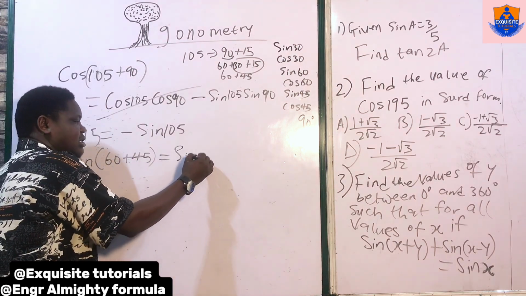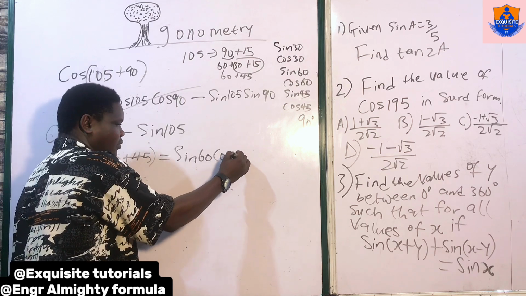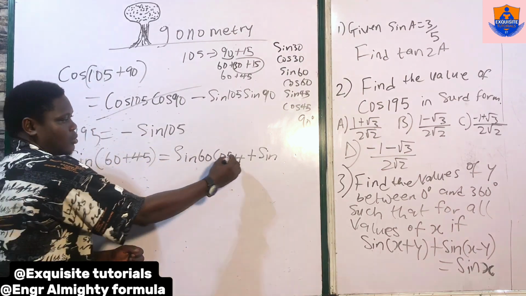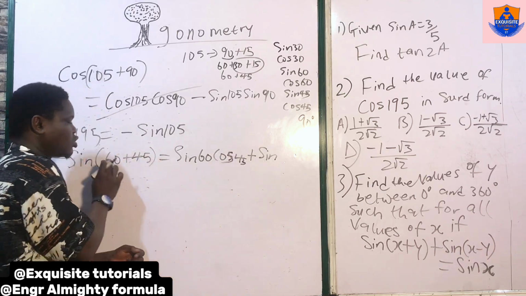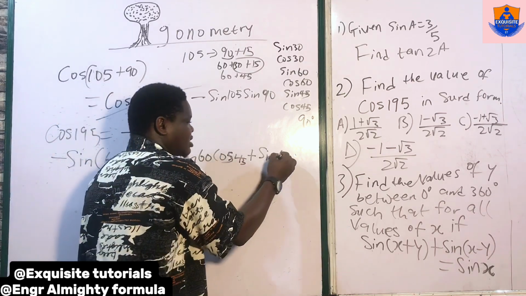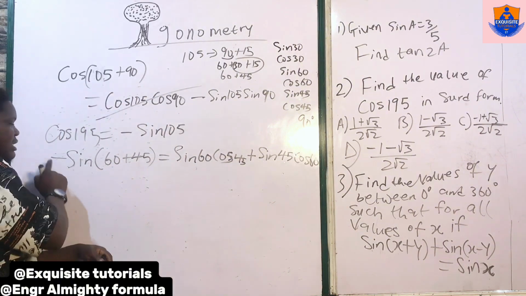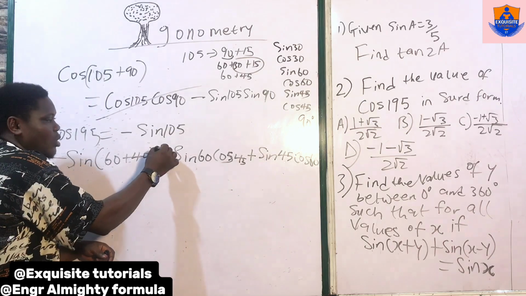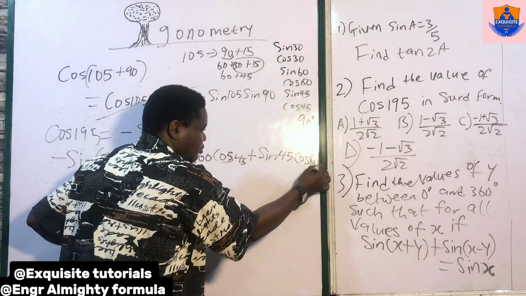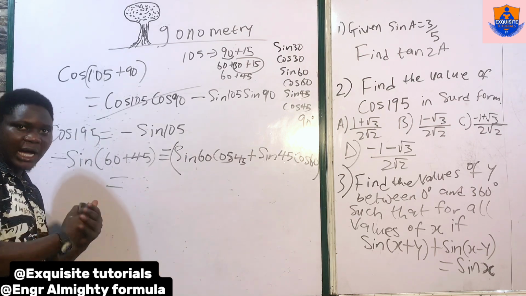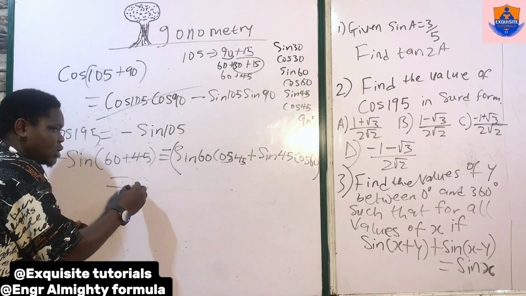So we have sine 60 cos 45 plus sine, we used 60 before, we'll now use 45, sine 45 cos 60. But do not forget that there's a negative sign here, so we have this negative here. What is sine 60? You have to know that by heart. Sine 60 degrees is root 3 over 2.